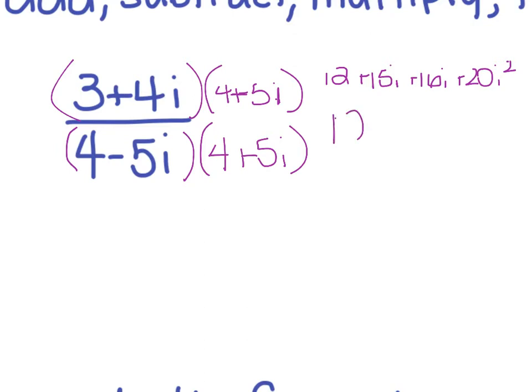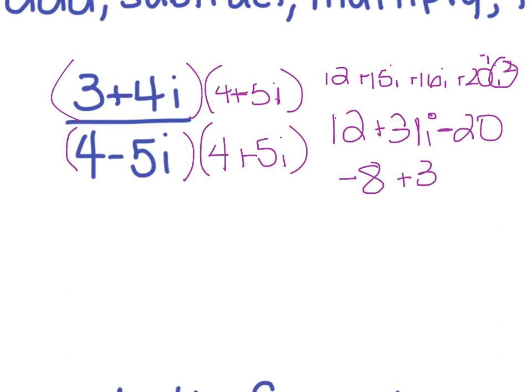So I'd get 12 plus 31i. And then this becomes a -1, so that becomes a -20. So I get -8 plus 31i. And that's my numerator. The denominator, I could either FOIL out 16, positive 20i, negative 20i, negative 25i squared, which becomes positive 25, or use your shortcut, which is a squared plus b squared.